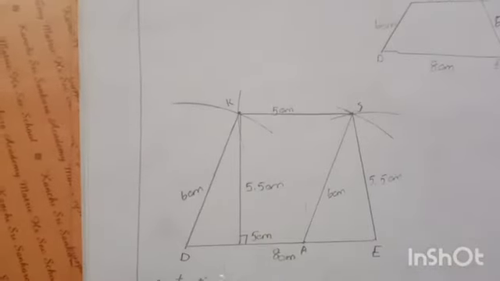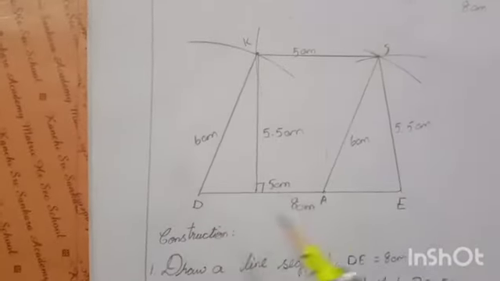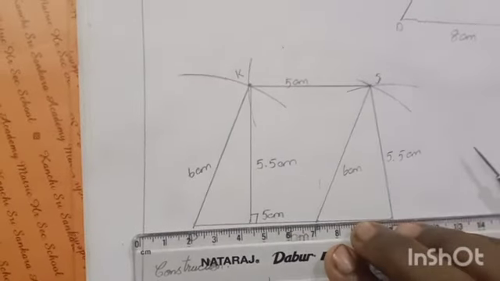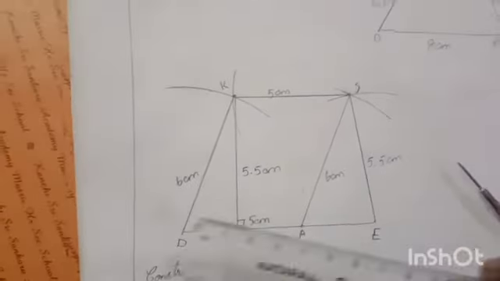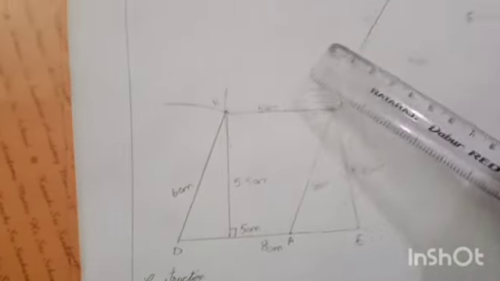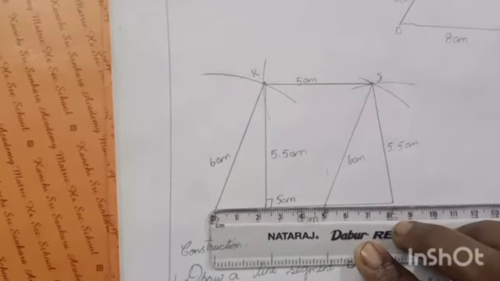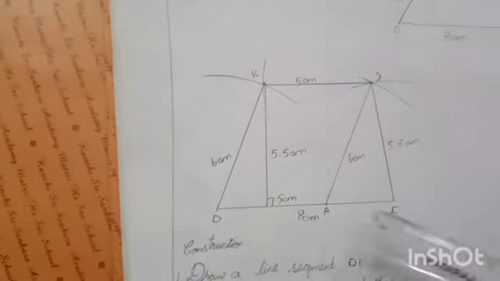Okay, once again listen. First you have to draw the line segment DE. Then, what measurement is given to the opposite parallel side? Opposite parallel side 5 centimeter. So from D you have to measure 5 centimeter and mark the point A on DE.